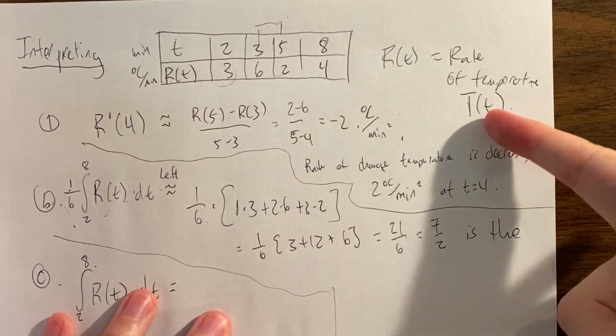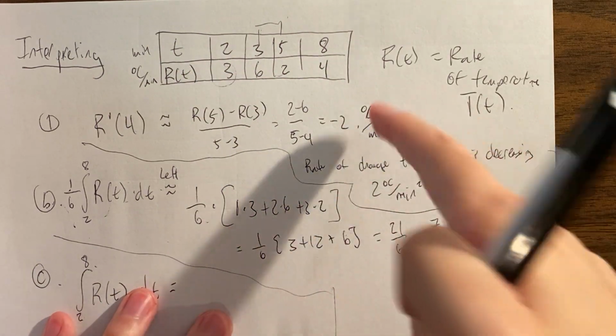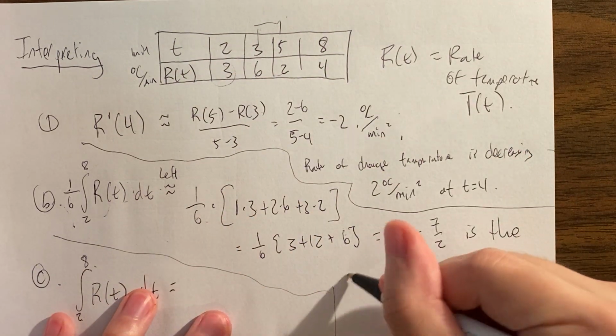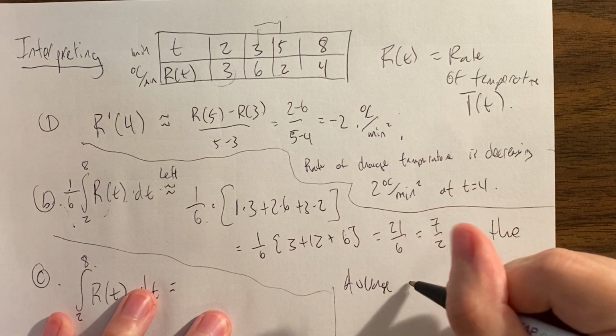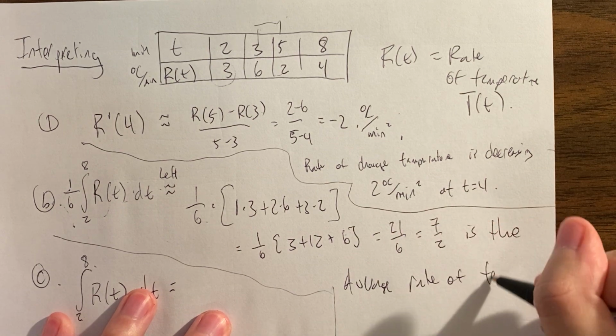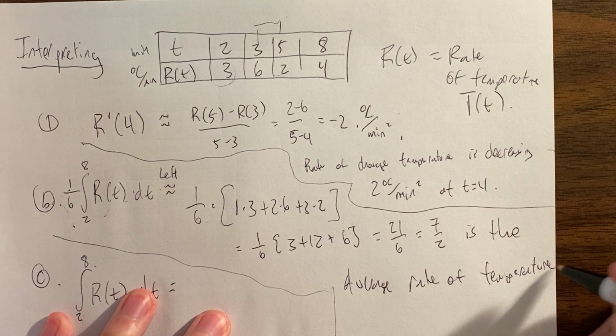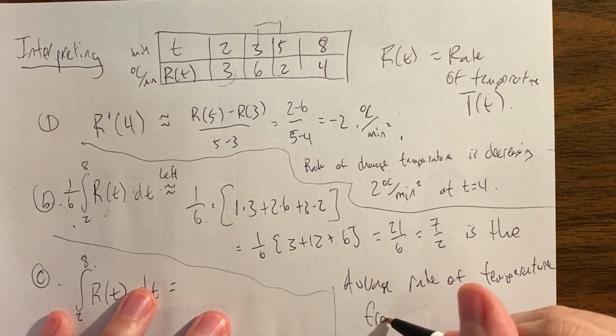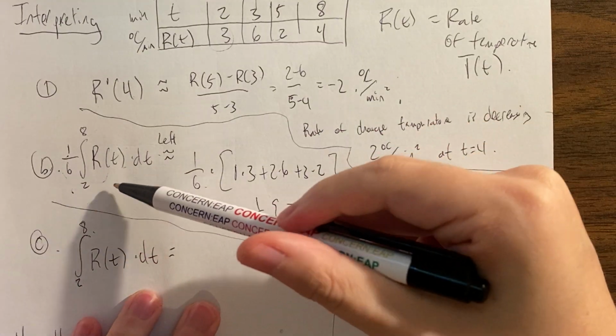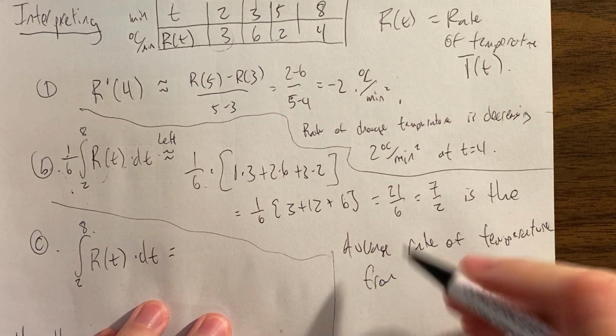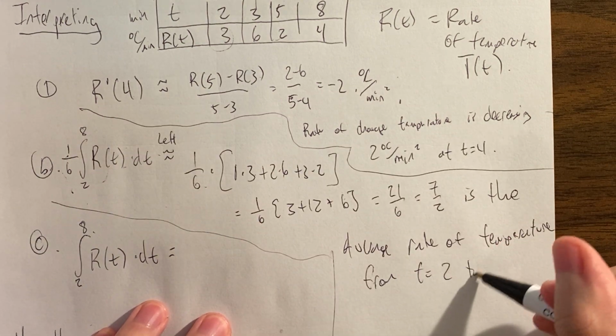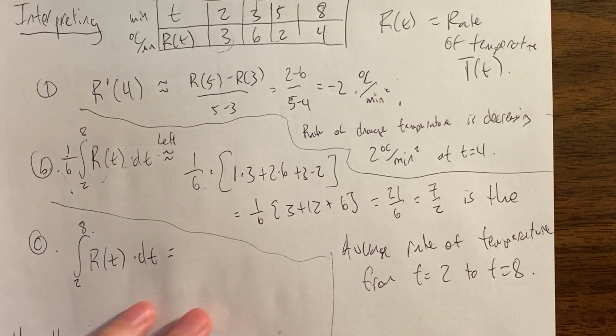So if this had been T, it would be average temperature. In this case, it's r, so it's average rate of temperature. Again, they like you to allude between what numbers you're going to. So from t equals 2 to 8.